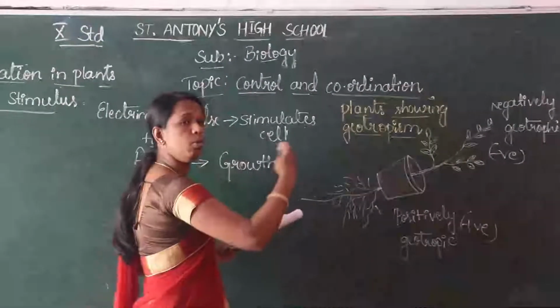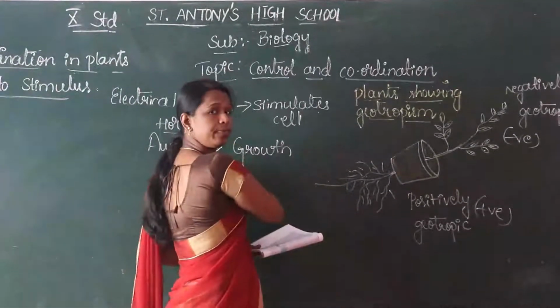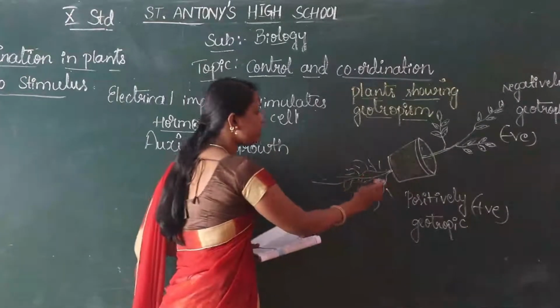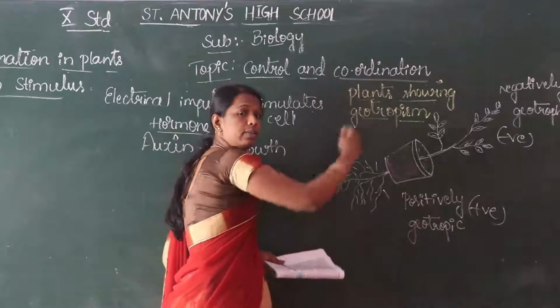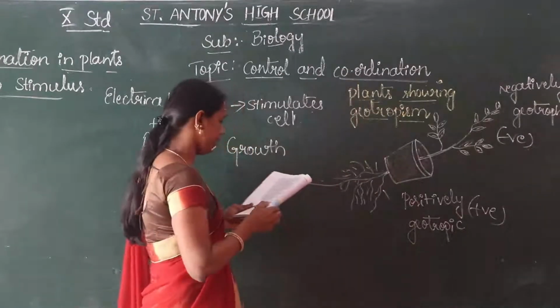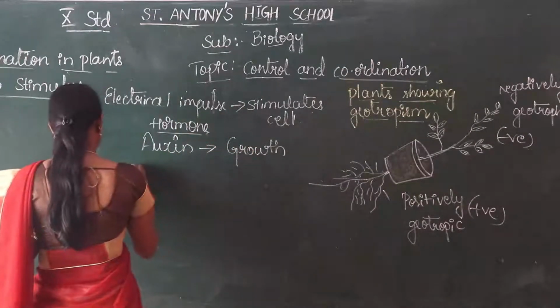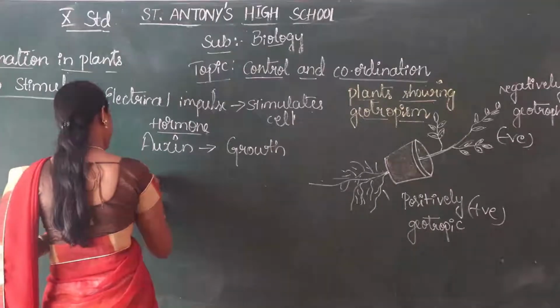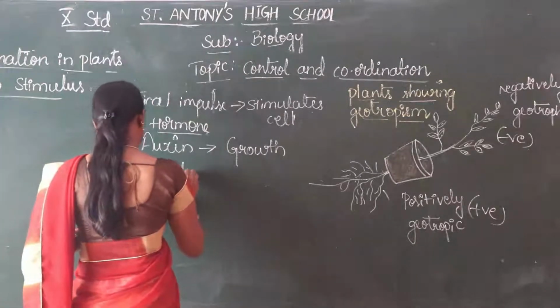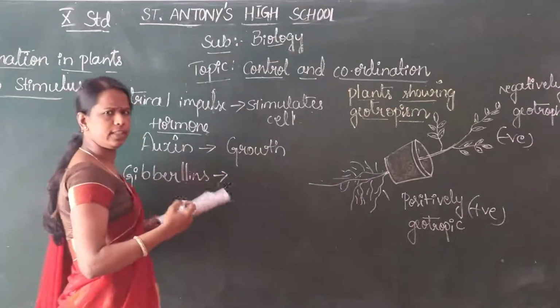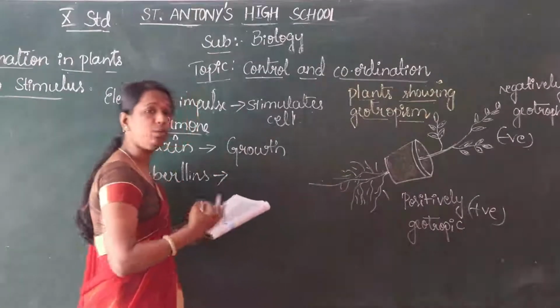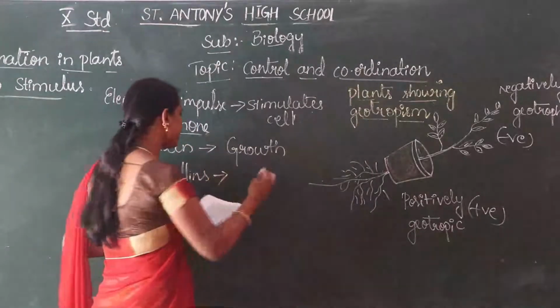So auxin helps both, growth in the root system and also in the shoot system. Next hormone is called gibberellins. It is also a growth hormone, but it helps growth in the stem only.